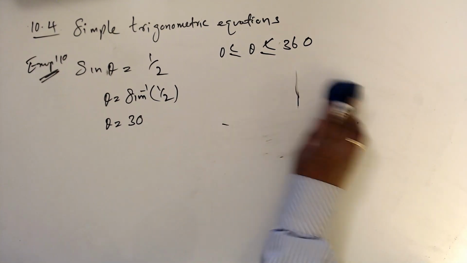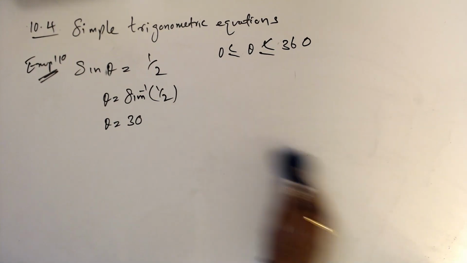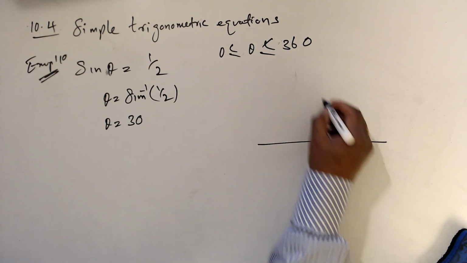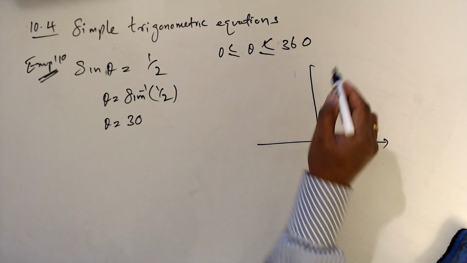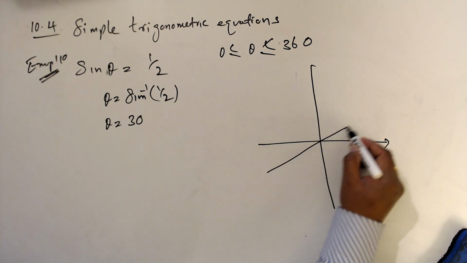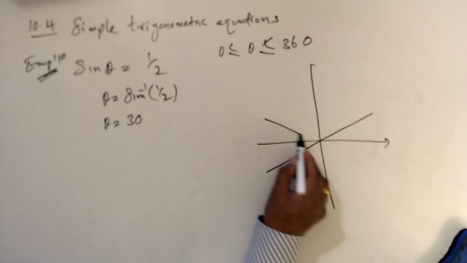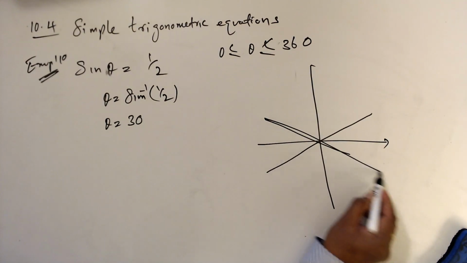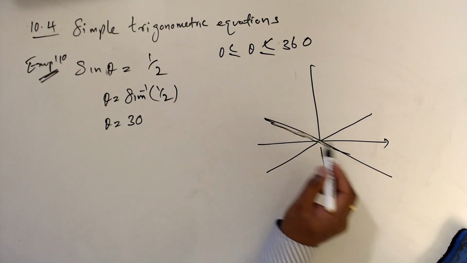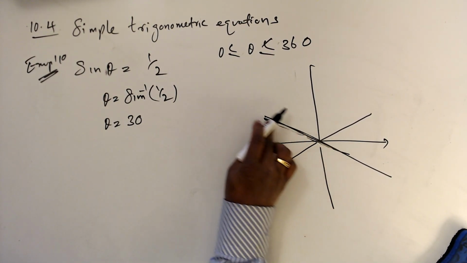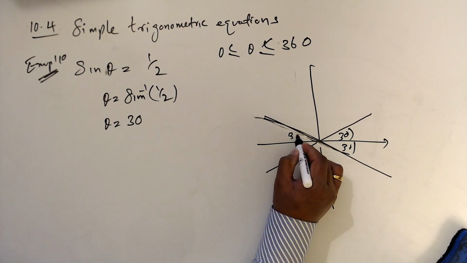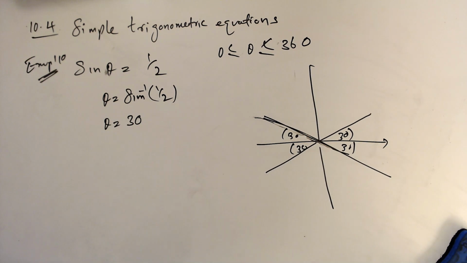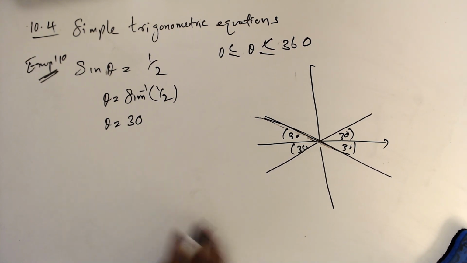We use the CAST diagram to find the other answer. We go with the same size angle from the 0 in the middle. So this is 30, this is 30, this is 30, this is 30. This is the next thing you need to do when you get this answer.